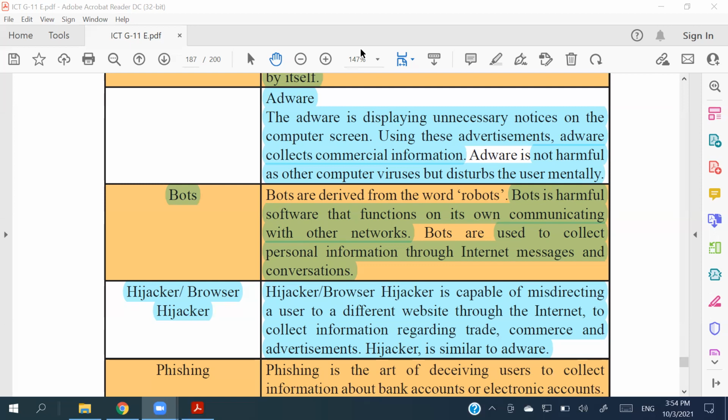So for that reason they keep those things secret.